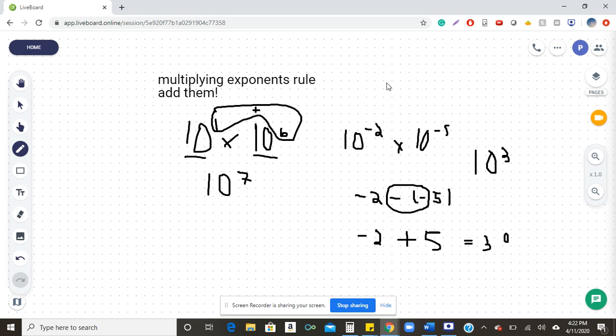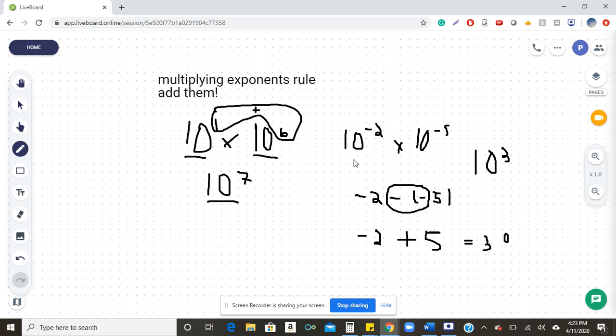And only the same bases allow you to multiply the exponents, which is another rule from algebra. So you keep the 10 here, and if it's 10 to the first times 10 to the sixth, you just take the 1 and 6 and add them, and you end up with 10 to the seventh.